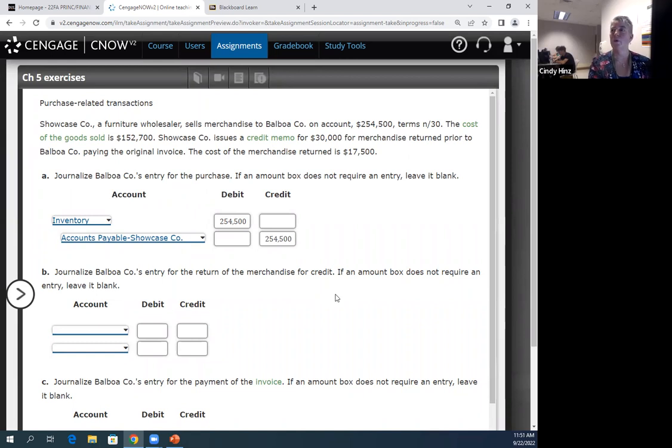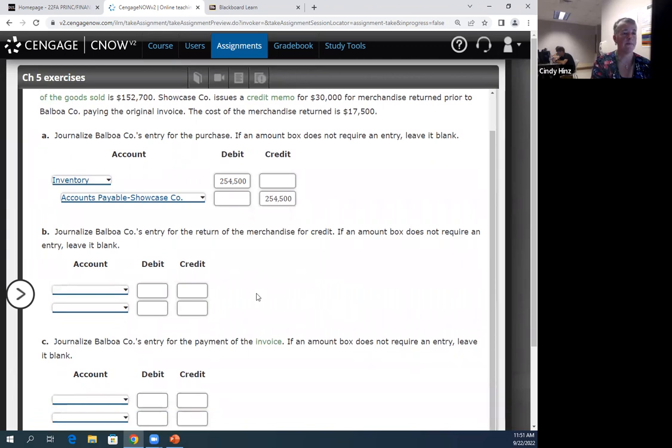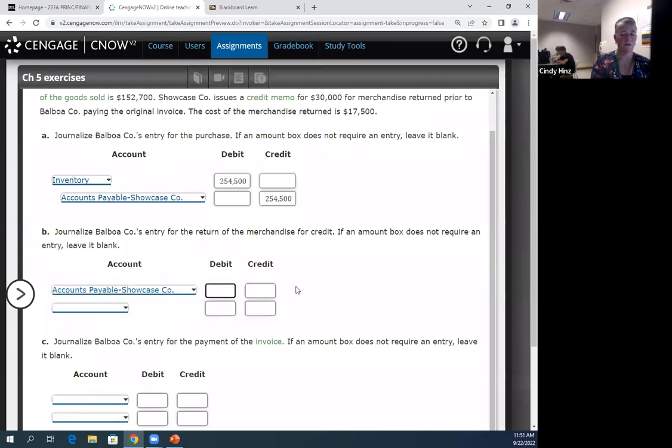So when Showcase reported the sale, remember that was a 2-step process to record the revenue and receivable and to remove it from inventory. But for Balboa, it's just one entry to record. They now have that inventory available. Same thing when they return the merchandise, they are going to reflect that they no longer have to pay for it, reducing or relieving that accounts payable.